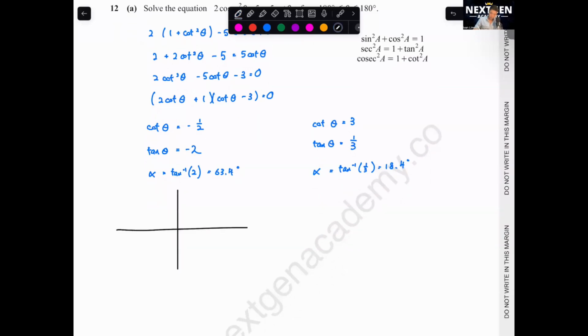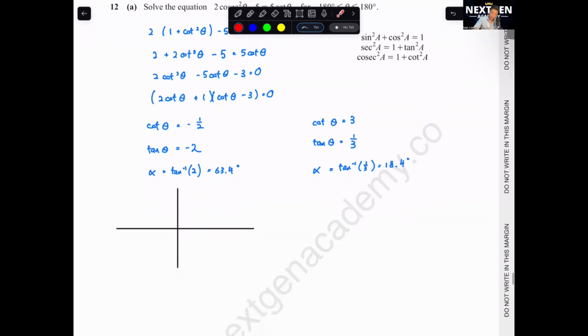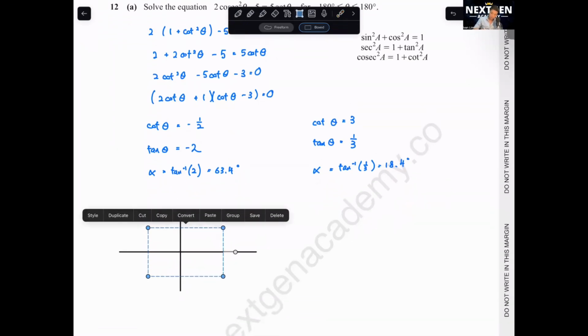Okay, now we draw our ASTC. Which quadrant do we need to select? You see here also the domain of angles for the theta is negative 180 to 180. Do you all know how to select and how to calculate it? We select which quadrant first. Which quadrant will it be?